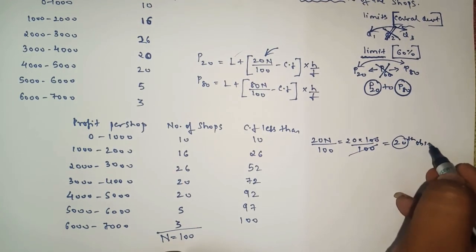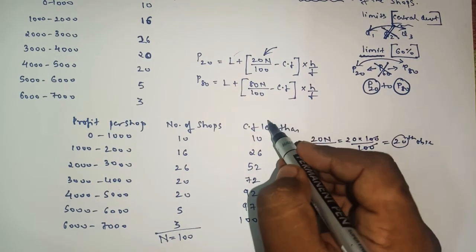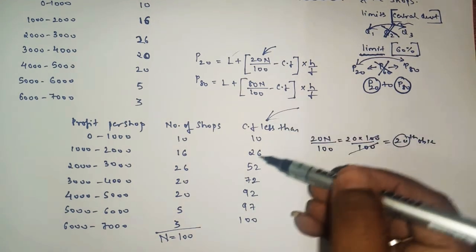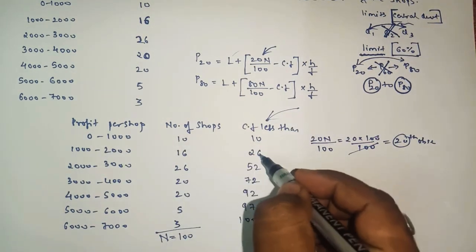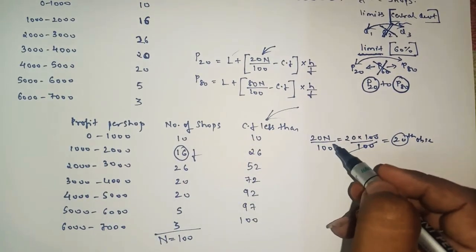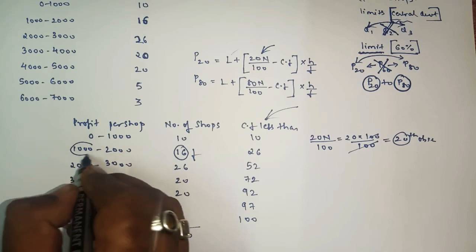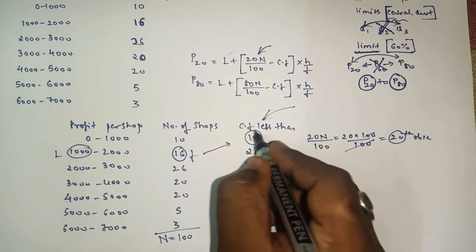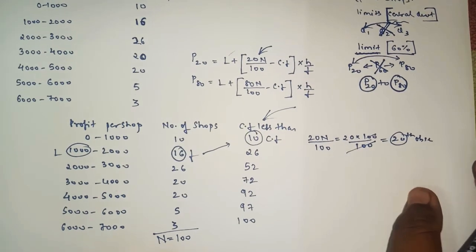This is the observation. As we know, we have to check where this 20 lies in the cumulative frequency. Yes or no? As it lies in this row, this will be F for P20. This will be the value of L. And in cross, this will be the value of CF.